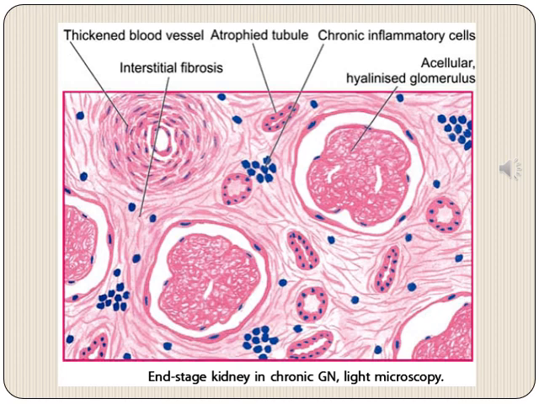Also a vessel is pointed out here in the left upper corner, where its wall has become thickened. Similarly, the tubules have become atrophied, decreased in size, and their lining is also flattened out. So with this we complete acute glomerulonephritis as well as chronic glomerulonephritis.